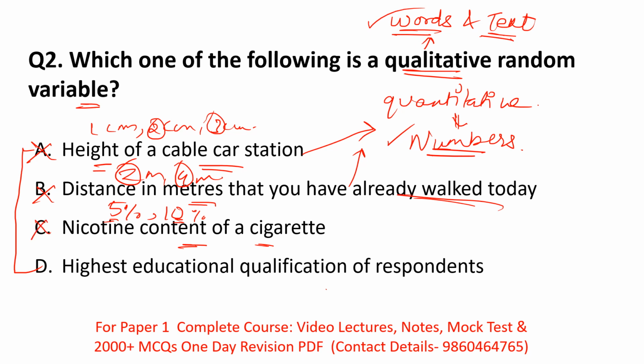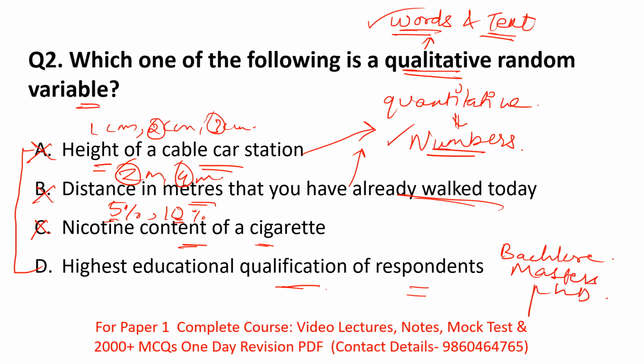Then option D, highest education qualification of a respondent. Suppose you are doing your research and you ask your respondent what is your highest education qualification. Here you will get your answer in the form of words and text. Someone says I did bachelor's, someone says I did master's, someone says I did PhD.